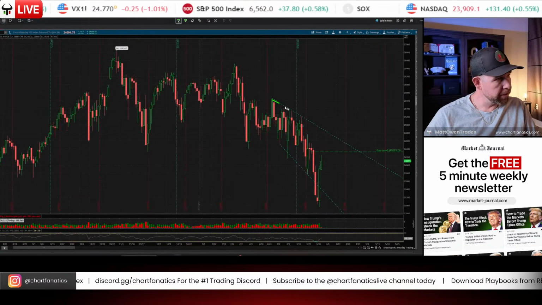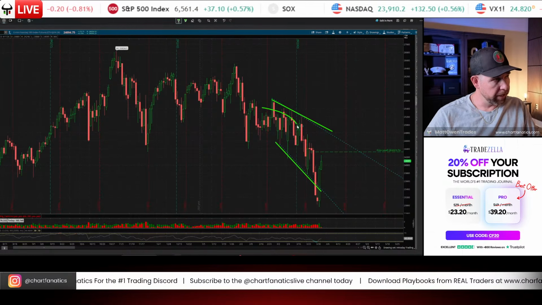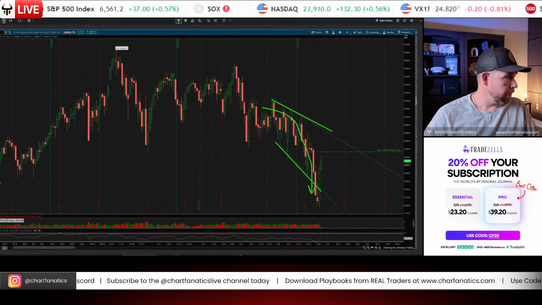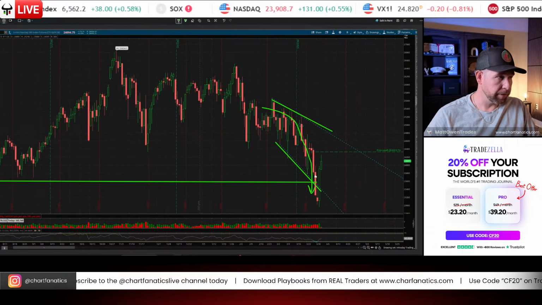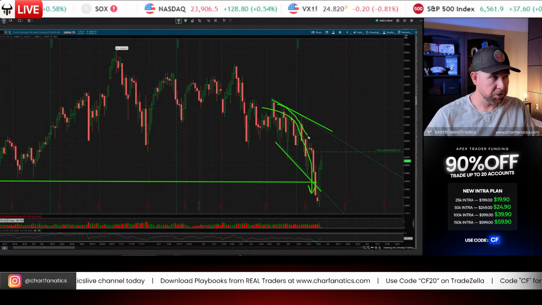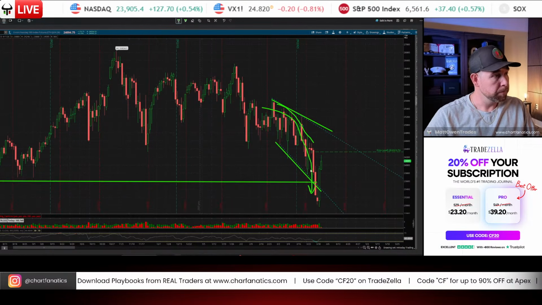Pull this up. You can see this is that channel that I was talking about on ES, but you can see how it was accelerating to the downside a lot more on the NASDAQ. Here's some prior lows down there. We took those out. We're bouncing, but we're nowhere near the highs of this channel like we are on ES right now, right?